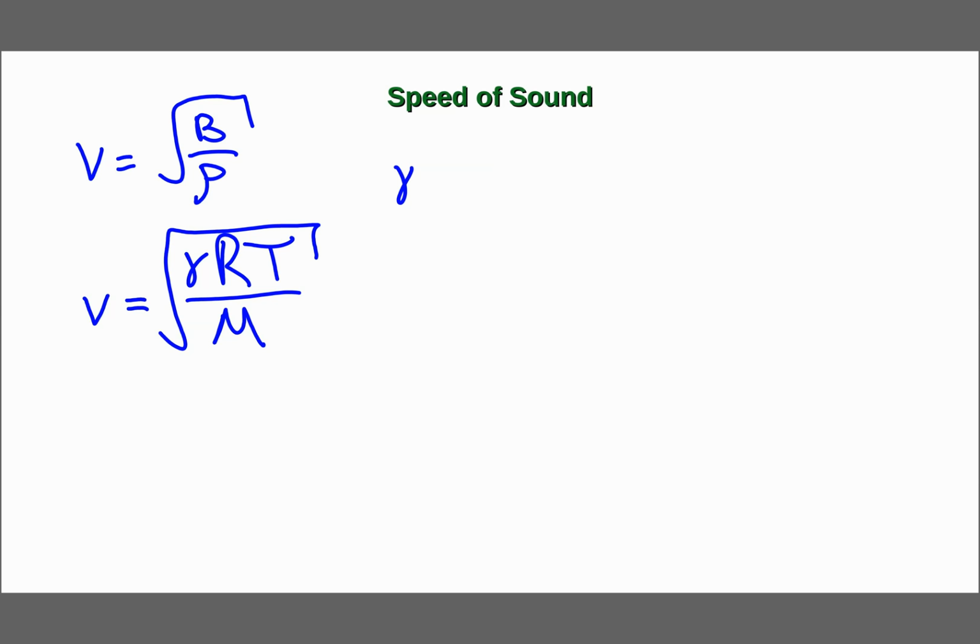But a heat capacity is basically a material's ability to take on heat, okay, to be heated. And there's two ratios for this. There's constant pressure and constant volume, and the ratio of this is what makes gamma, okay? And so I'm going to give you guys the values of these things for atmospheric air, okay?